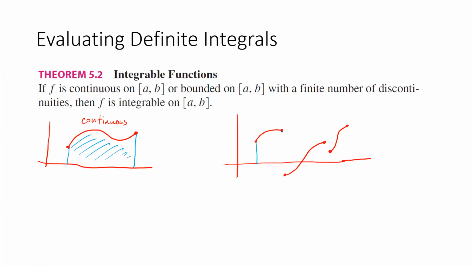Like here, this region lies above the x-axis, so we can find the area of that region. This region is below, so we can find the net area there, and here, again, this part's above.